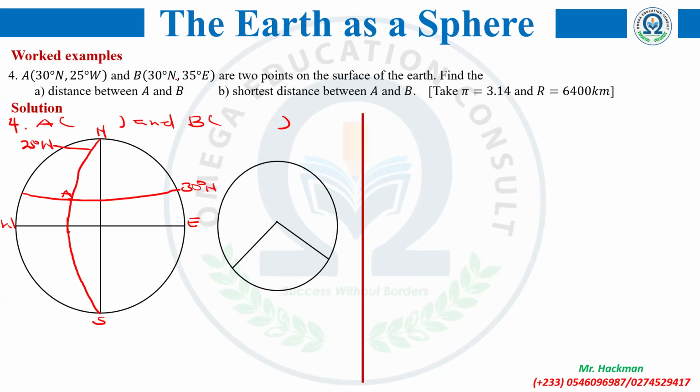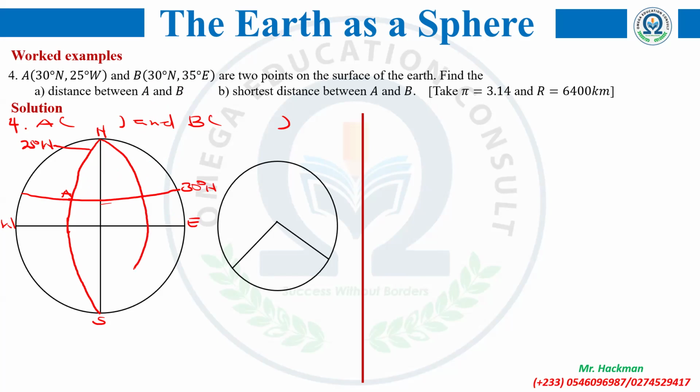Let me come to my point B. 30 degrees north, I have drawn that latitude. So 35 degrees east. East will be here. Because here to here is 25, 35 should move a little away, more from that.